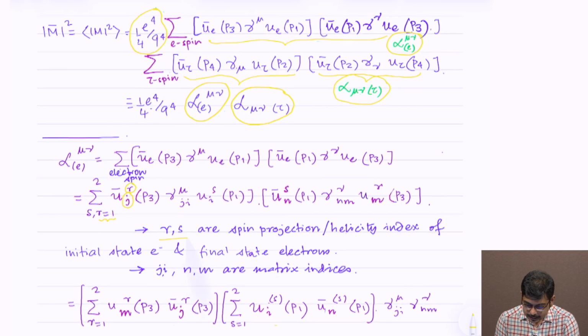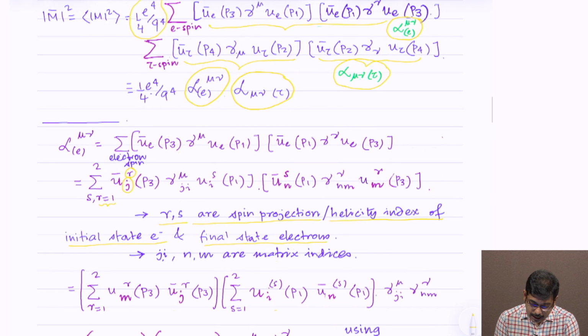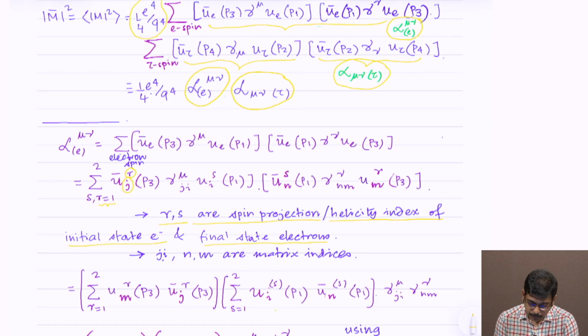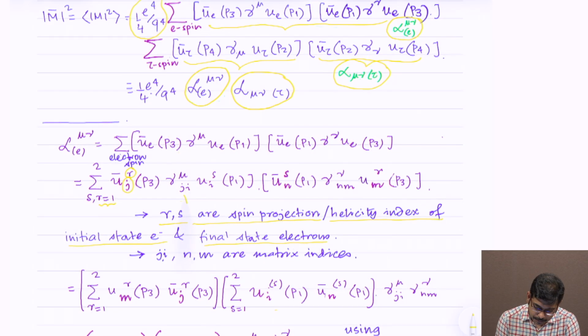So r and s are the spin projection or helicity indices of the final state electron and the initial state electron, and then gamma mu doesn't have a helicity component, but it does have matrix components, j and i.